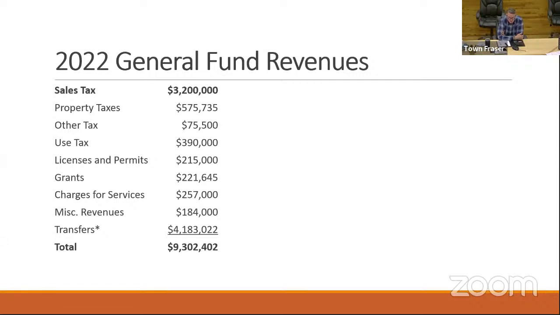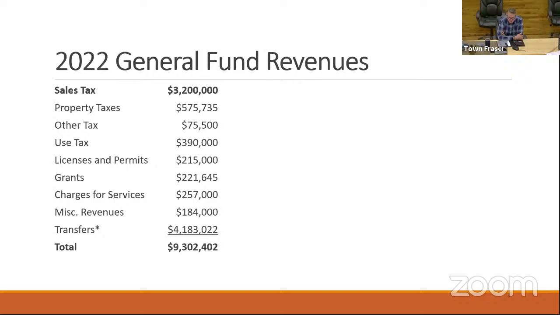Property taxes, we do have a low mill levy here in Fraser, and in the state of Colorado, municipal governments are funded primarily through sales taxes and not property taxes. But we will generate over $500,000 in property taxes. We have an assortment of other taxes, highway use tax and so forth, that comes to us from the state.